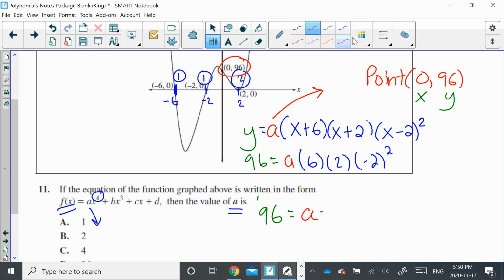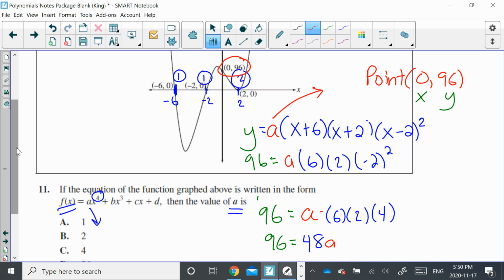okay, we got to do a bit more work. 6 times 2 times -2 squared is 4. Then I have 96 is equal to 6 times 2 times 4. That's going to give me 48. Let's just double check. 6 times 2 is 12. 12 times 4 is 48. So I'm going to write, instead of a times 48, I'm going to write 48a.